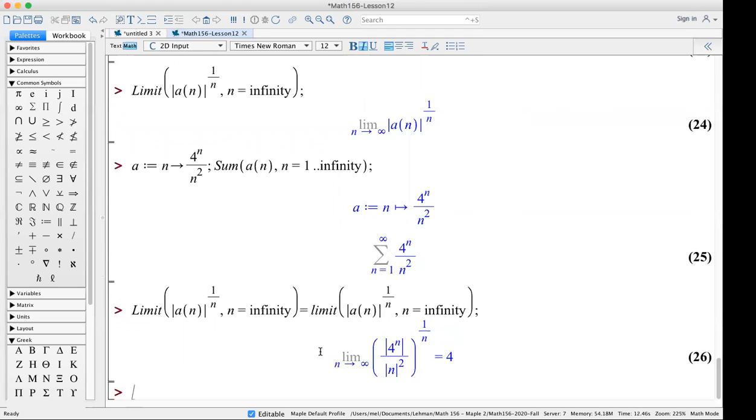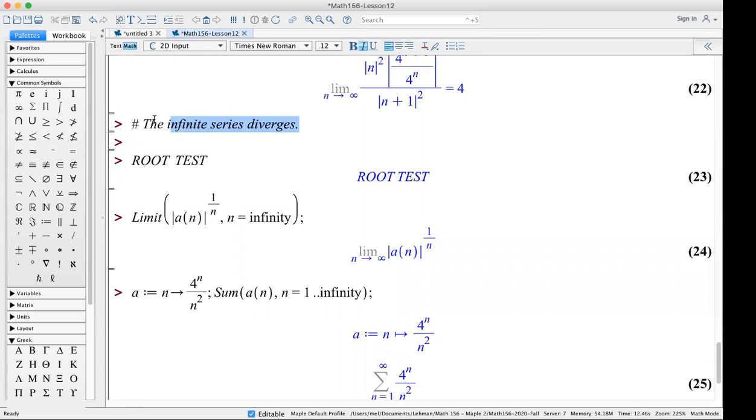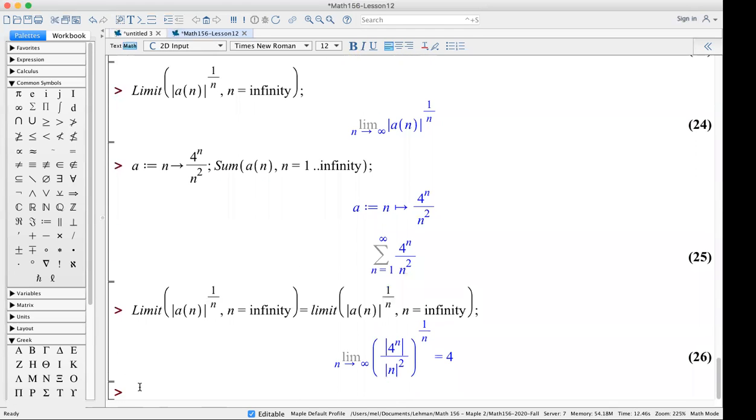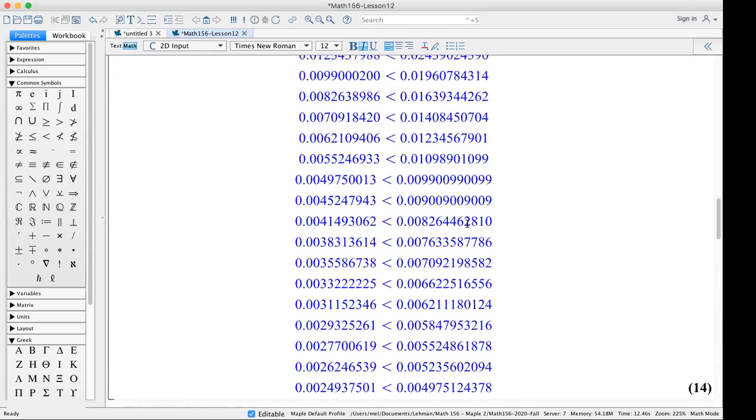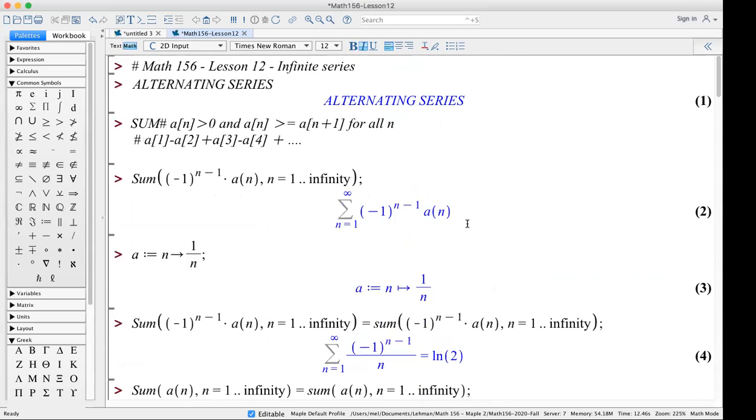The limit's 4 is greater than 1. The infinite series diverges. So Maple is useful in many ways. Here you can actually have it do the work trying to implement the ratio test and the root test to see if a series diverges. And in the next homework, there will be some problems with infinite series. So that is the lesson.